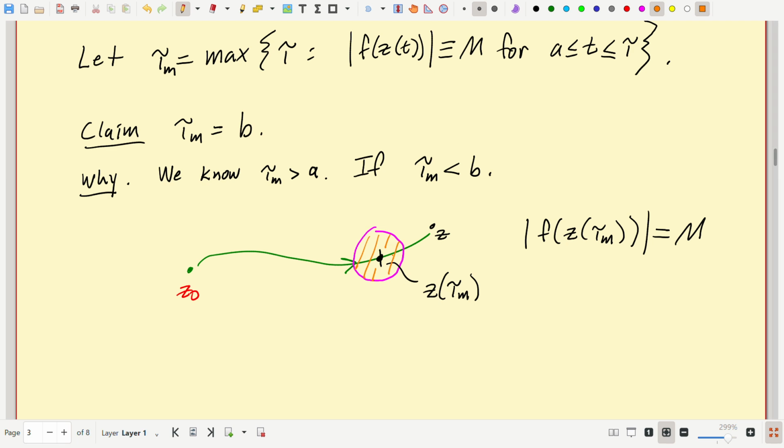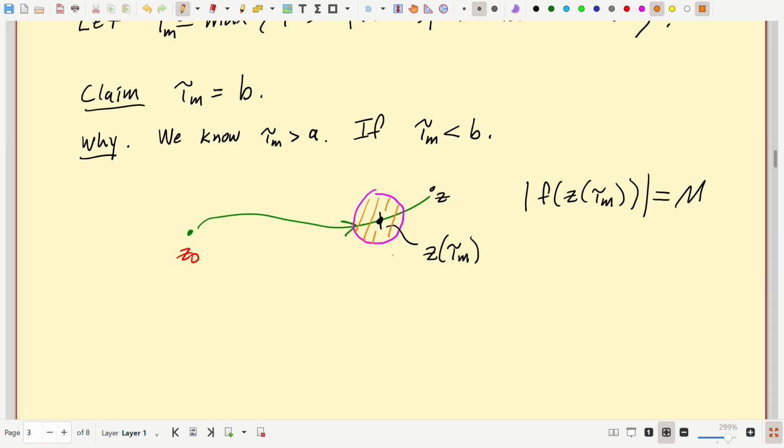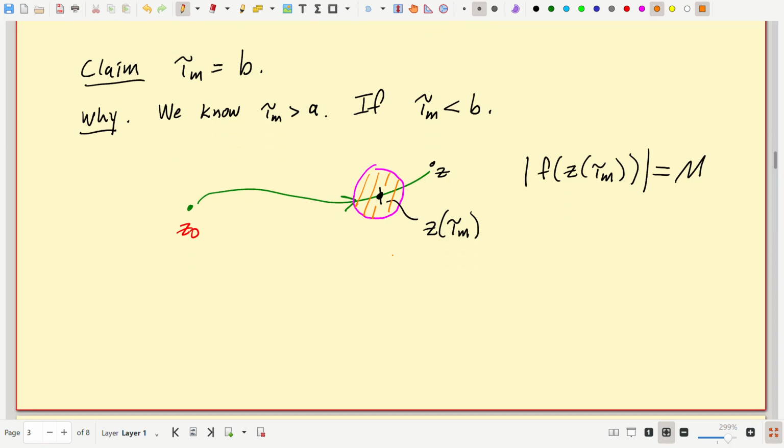And I see that tau max is not the max. So I would get f equal to M on a disk about z of tau max. And so tau max is not the max.